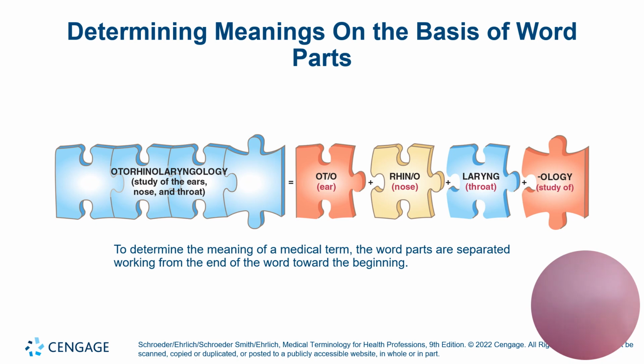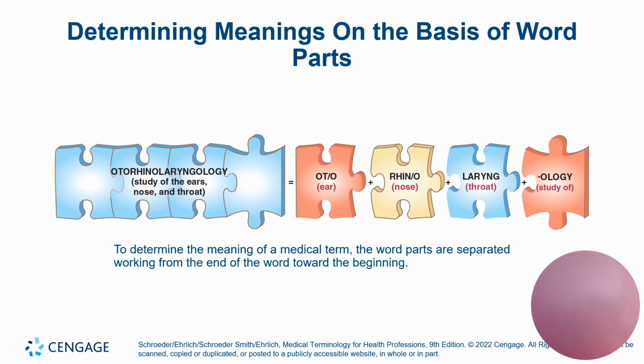So now getting back to what we were talking about, double checking for accuracy because some terms do have more than one meaning. For example, let's look at the term lithotomy. On the basis of the word parts, lithotomy is a surgical incision for the removal of a stone.